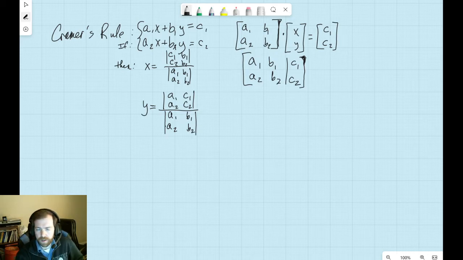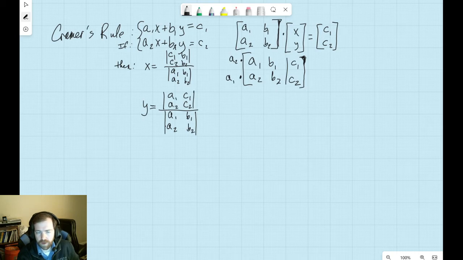Alright, so if we're trying to find a solution here, we're trying to get x and y, this is going to make us say, okay, we want this to be, instead of a1, b1, a2, b2, 1, 0, 0, 1, an identity matrix. So in order to do that, we're going to have to multiply our top equation by a2 and our bottom equation by a1.